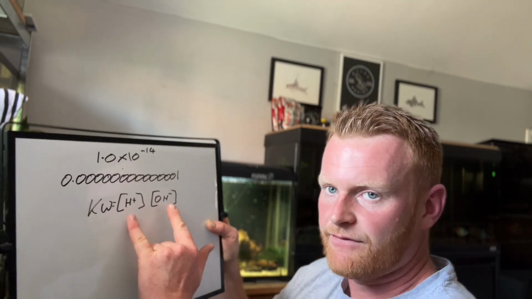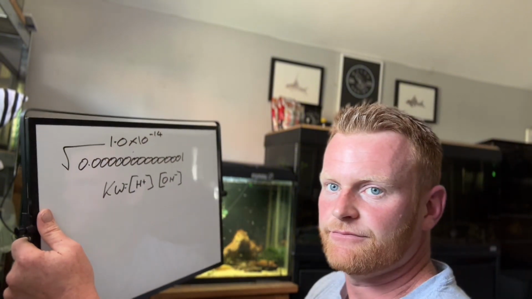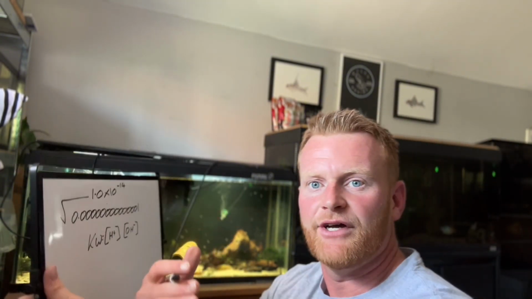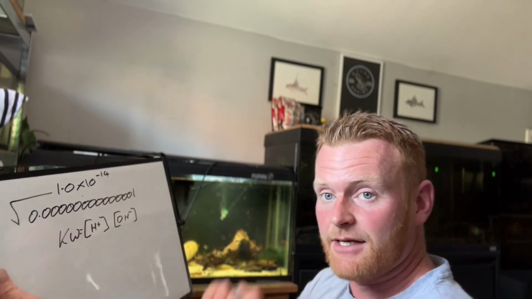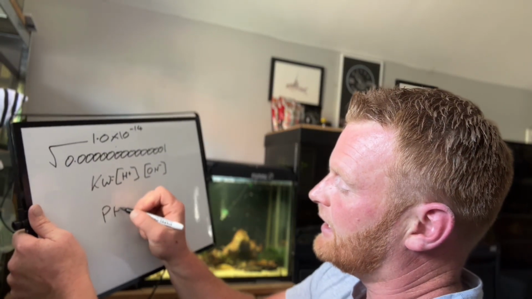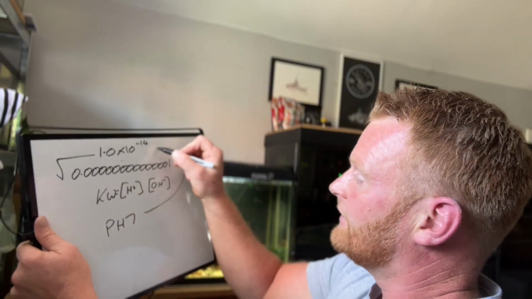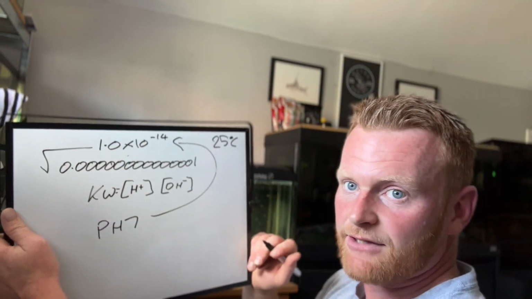What is the value of these 2? We just square root it. What number times by itself creates that number? We end up with pH 7 at this rate, which only occurs at 25 degrees Celsius.